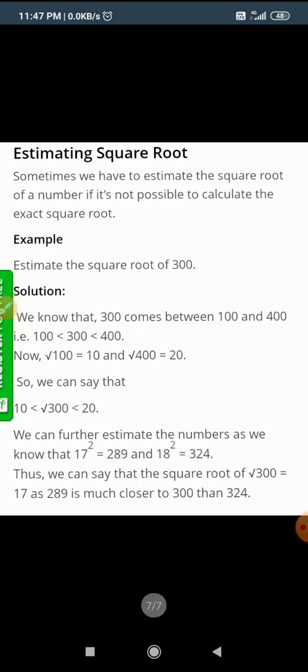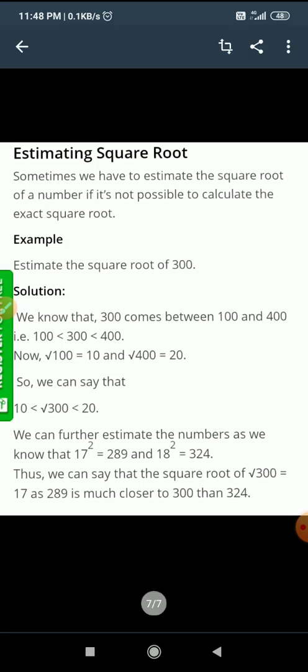Estimating square roots. Sometimes we have to estimate the square root of a number if it is not possible to calculate the exact square root. Let us take the example: estimate the square root of 300. We know that 300 comes between 100 and 400. The square root of 100 is 10 and the square root of 400 is 20. So that means the square root of 300 will be between 10 and 20.